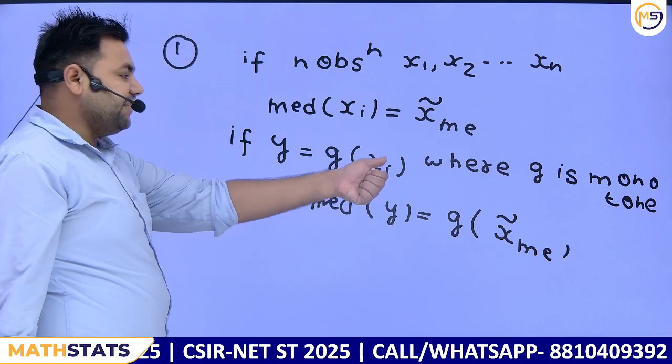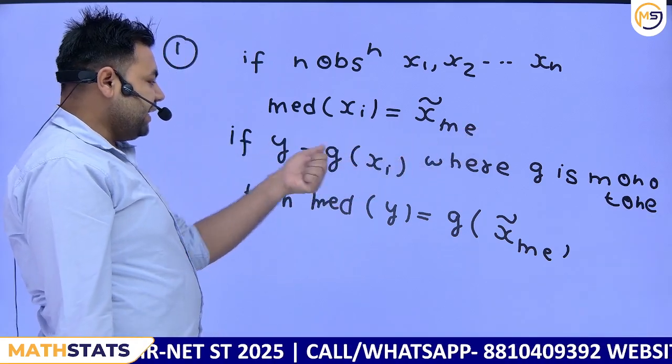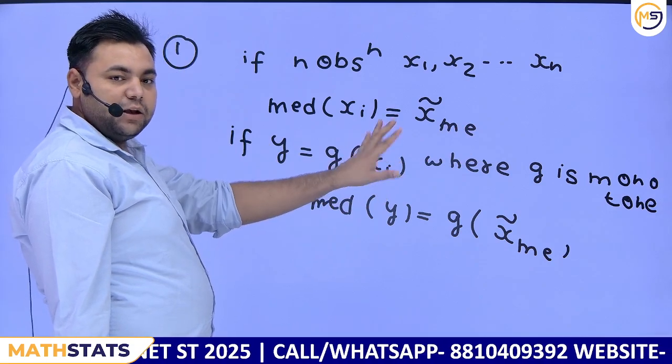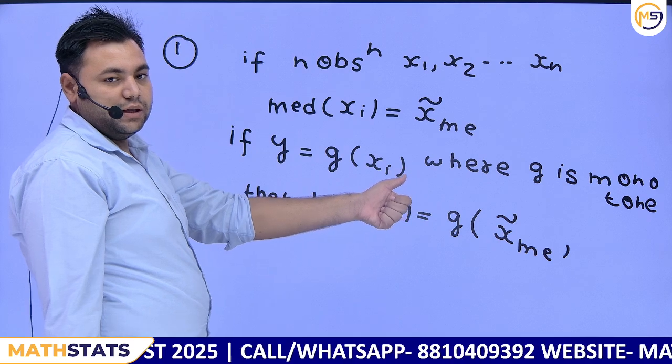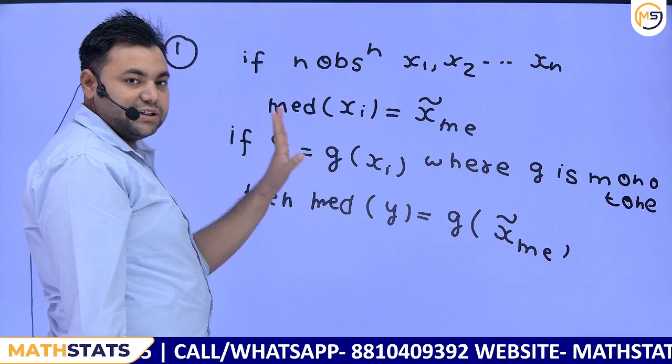Means if g is a monotone function, just put the value of the median in the function, and you will get the median of y. So this is the property of median.